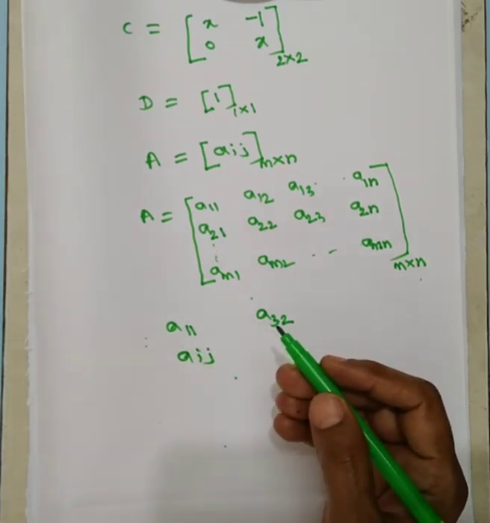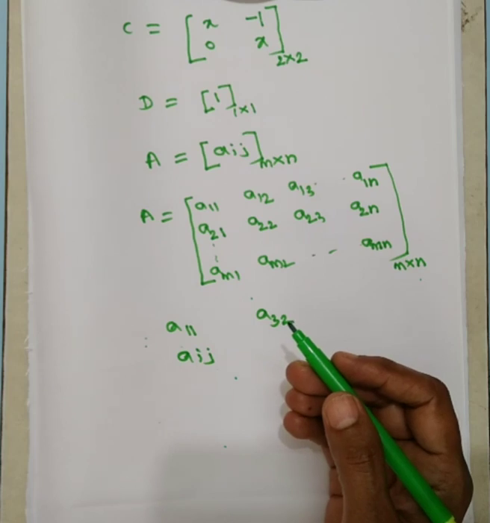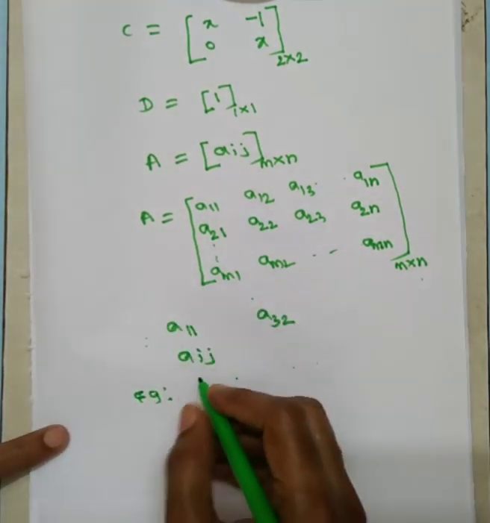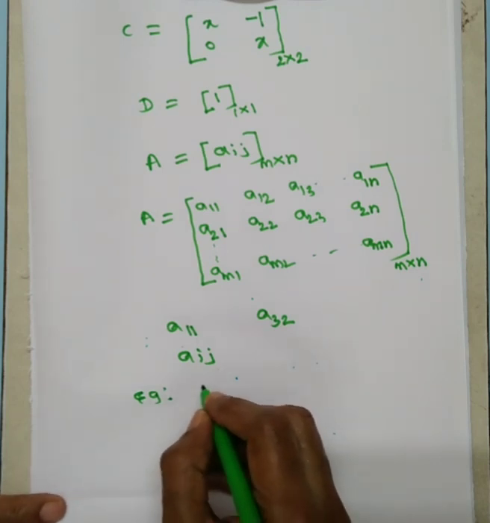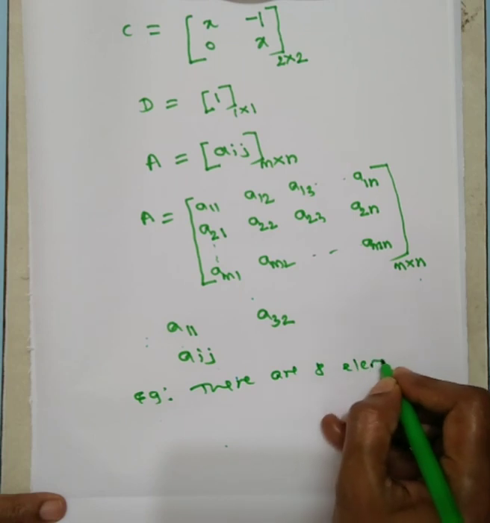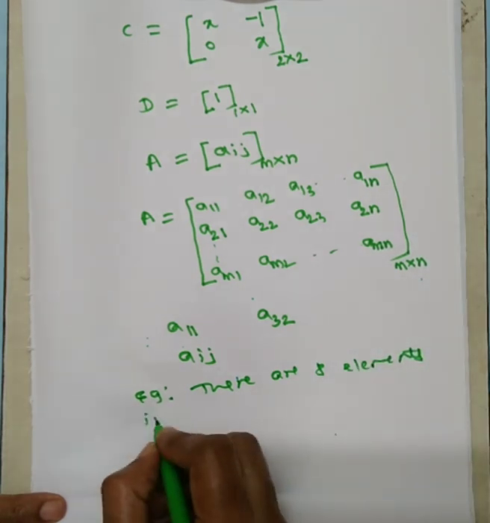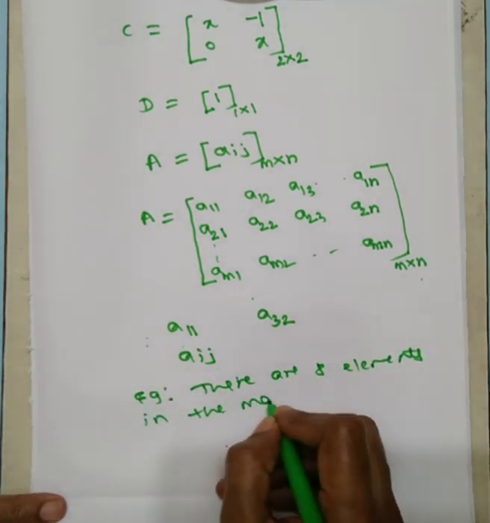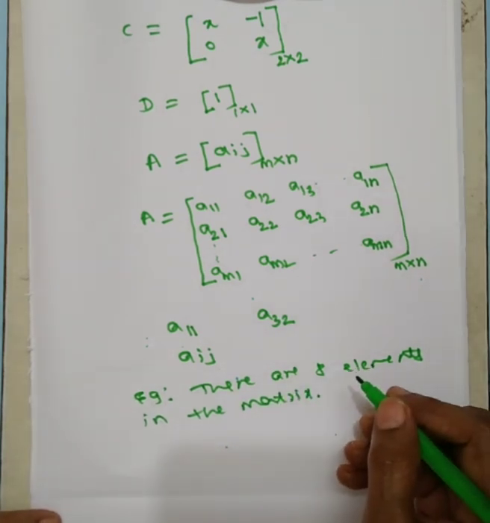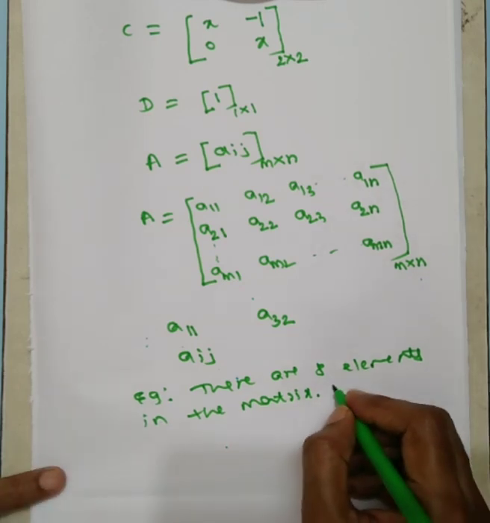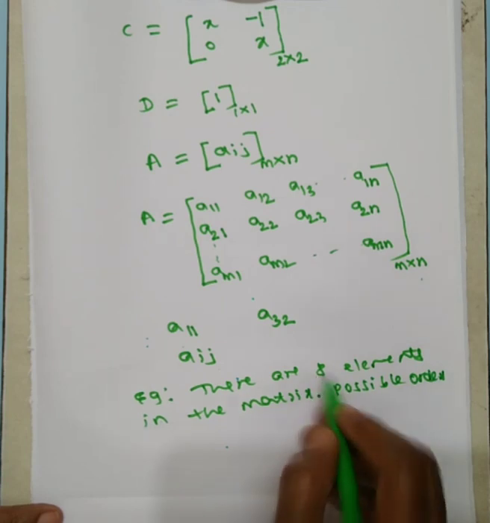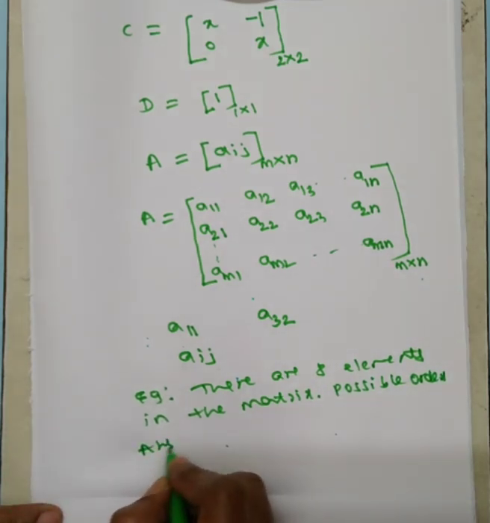Now suppose I ask you to find the possible orders of the matrix if there are 8 elements in the matrix. Here the number of elements is given, so what will be the possible orders?